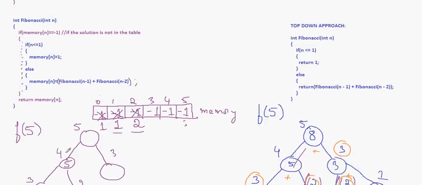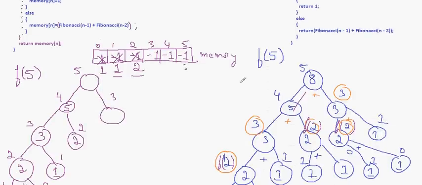Then Fibonacci of 5 is Fibonacci of 4, which we have already calculated, and then Fibonacci of 3. I did not update the table, so memory of 3 is 3 and memory of 4 is 5.